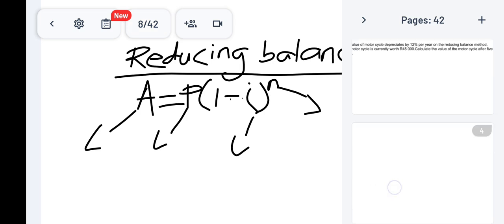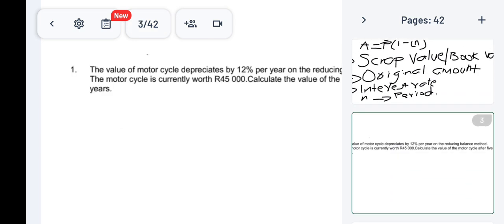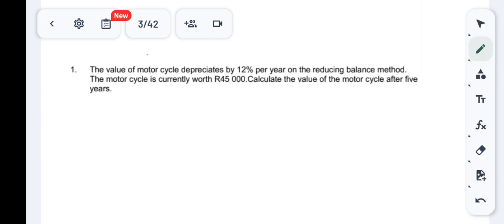So let us take examples. The value of a motorcycle depreciates by 12% per year.